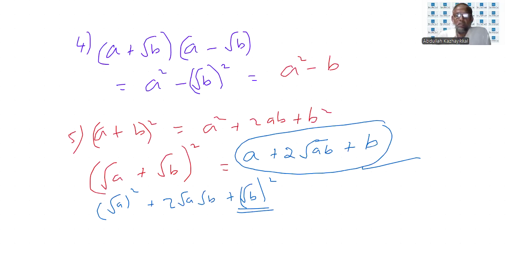This is exclusively for real numbers. That means rational number is there. So we are using the same identity, but we are extending it for real numbers. Yes. Okay.